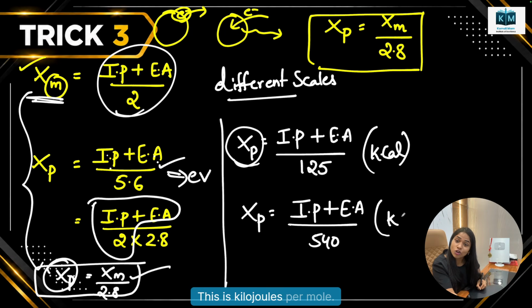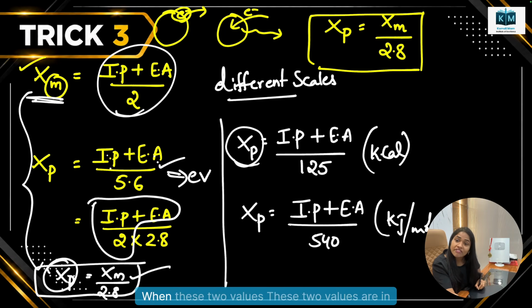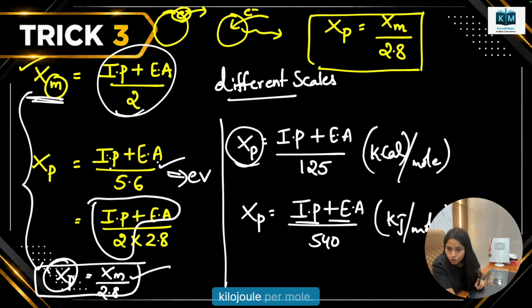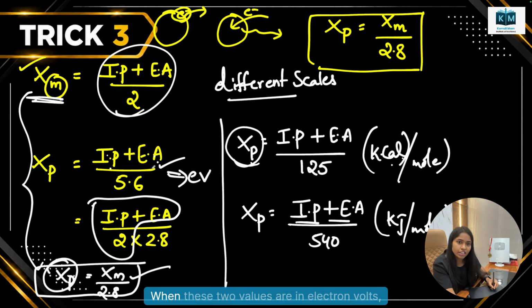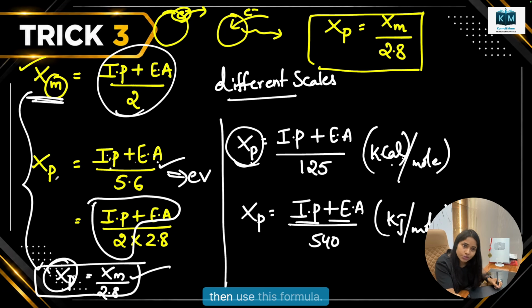When the values are in electron volts, use the earlier formula. This can be anything, but it is a different scale. Everybody clear? Got the clarity?